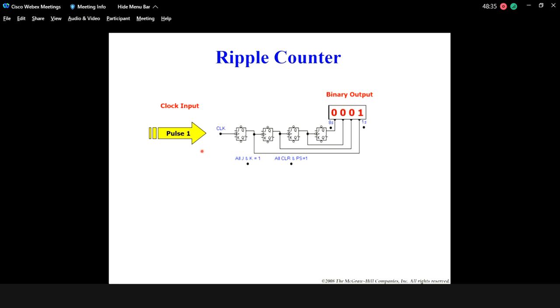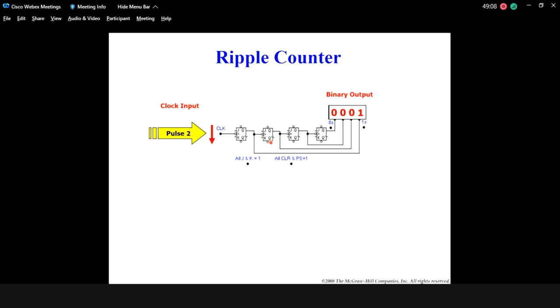So when the first pulse comes, the pulse goes up, and when it goes down, Q starts to change from 0 to 1, because it's in toggle. So 1 goes here, becomes 1 here, and 1 also goes to this clock. However, it's still going up, it's not yet coming down. So what happened?